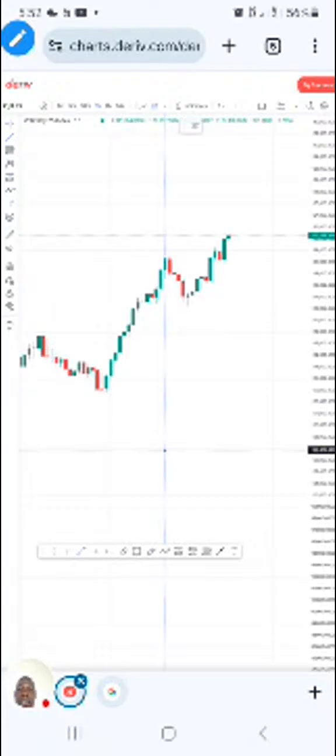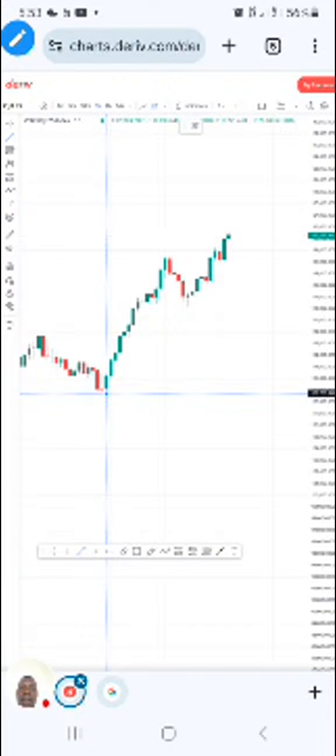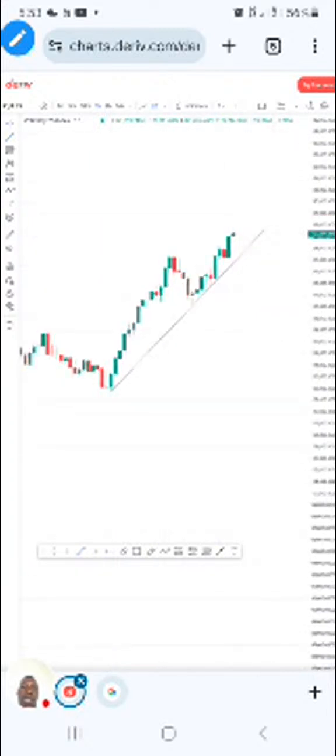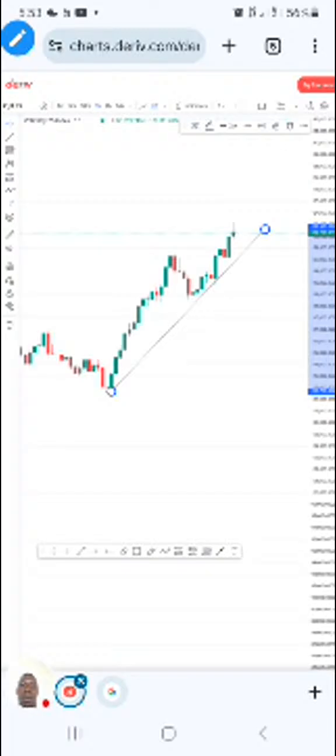So we have to get our trend line like this. We connect this low here, and we also connect this high up here like that. Then we duplicate this, clone it very well, and get another line, and put it upward like that.